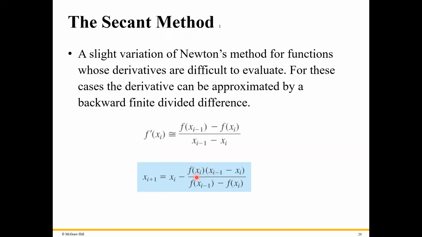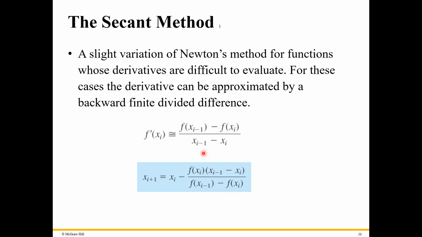In this case, what we get is that in the numerator we have the value of the function, multiplied by the difference of the values in x, and then we have the difference in the values of the function.